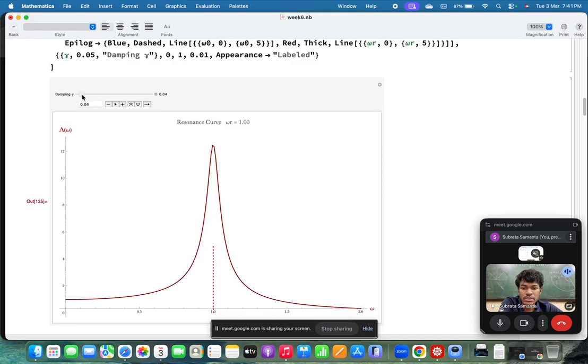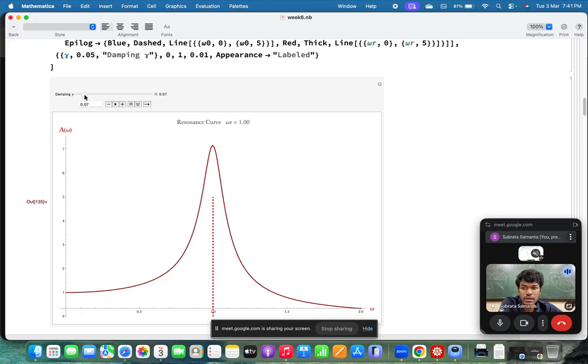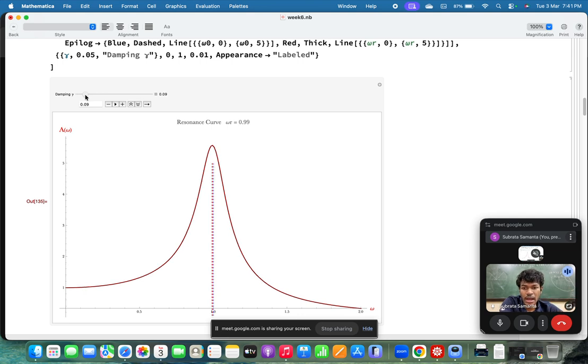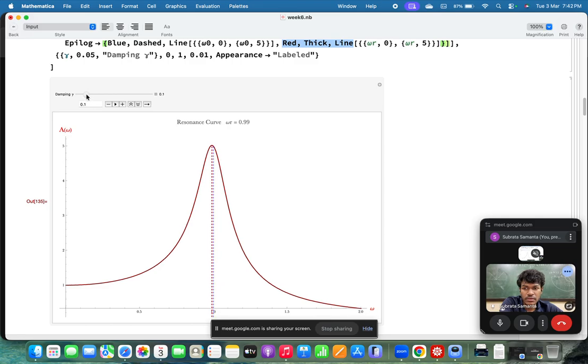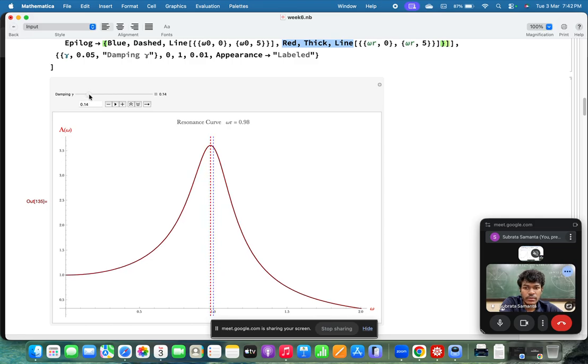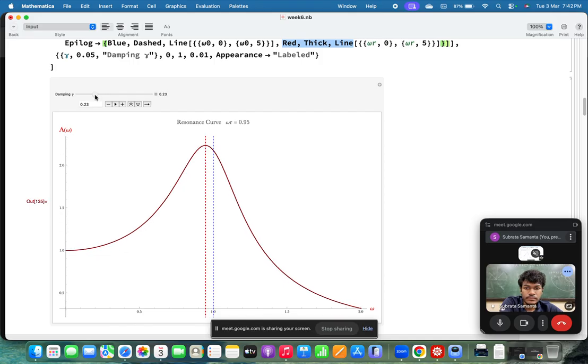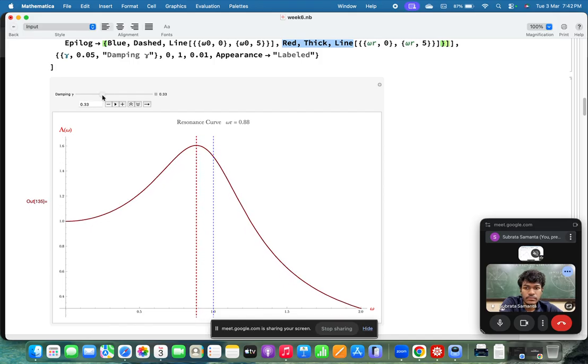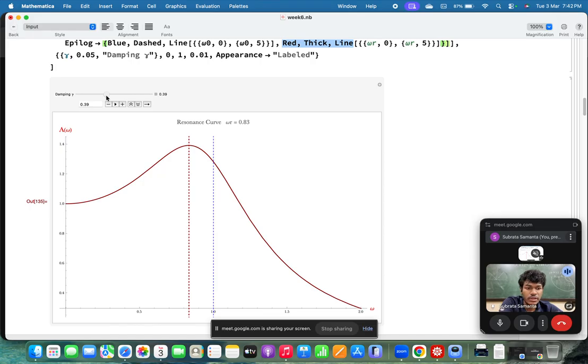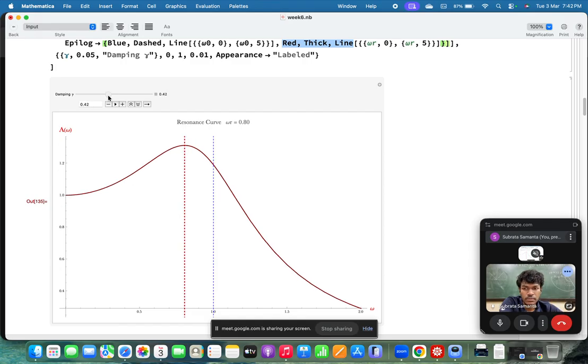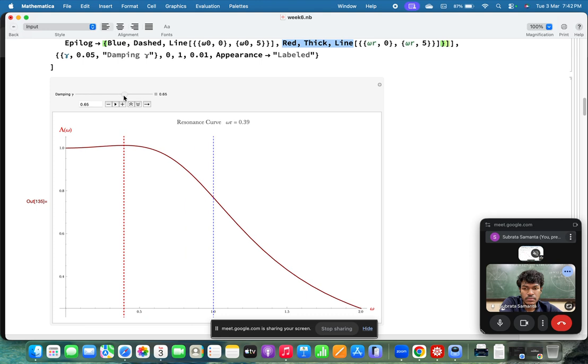As we slowly increase the values of gamma, omega r and omega naught deviate. The red one is omega r, and omega r is always less than omega naught. Also, the resonance width gets broader and broader as you increase gamma.